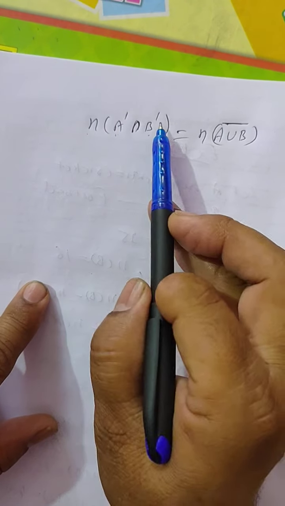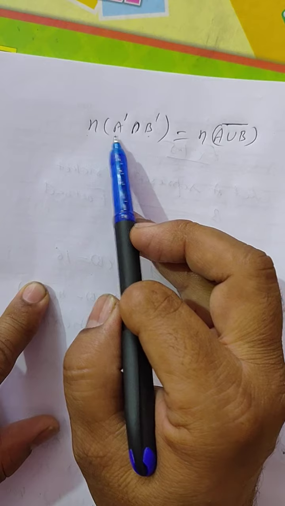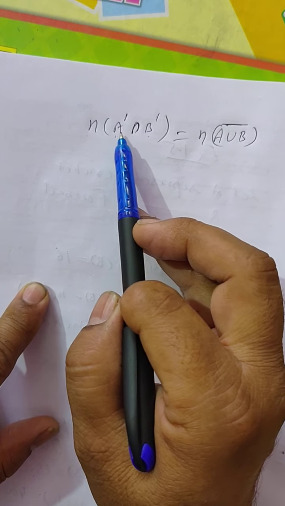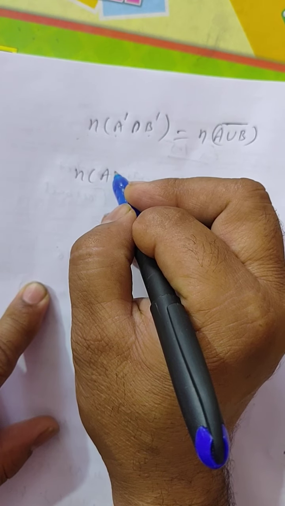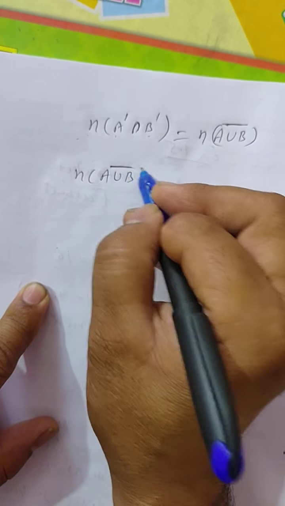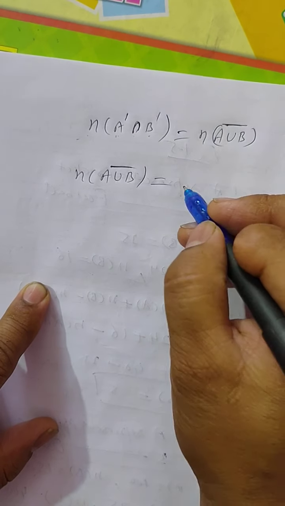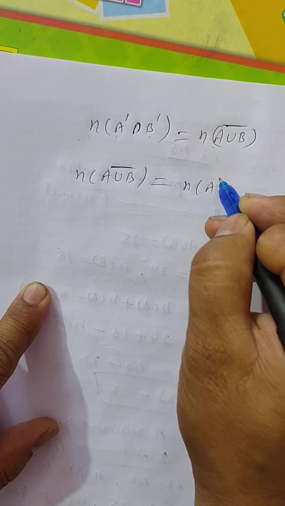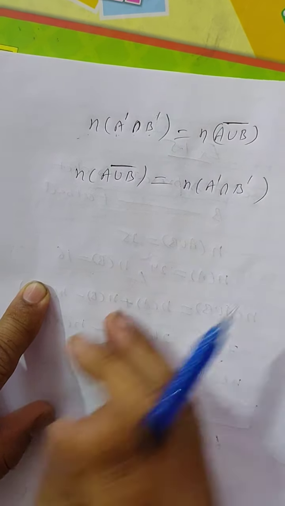हेयर इज कॉम्प्लीमेंट, ऐसे लिखा है. If we are having A union B whole complement, I can also write this as A complement intersection B complement.